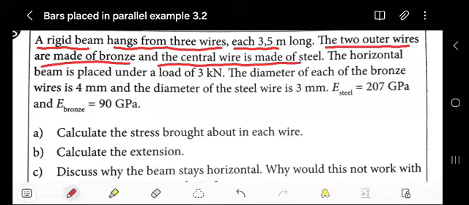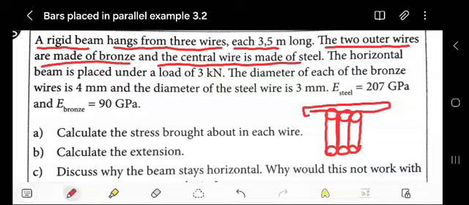Understand? Same length. They are hanging there on the beam. This is what they meant.